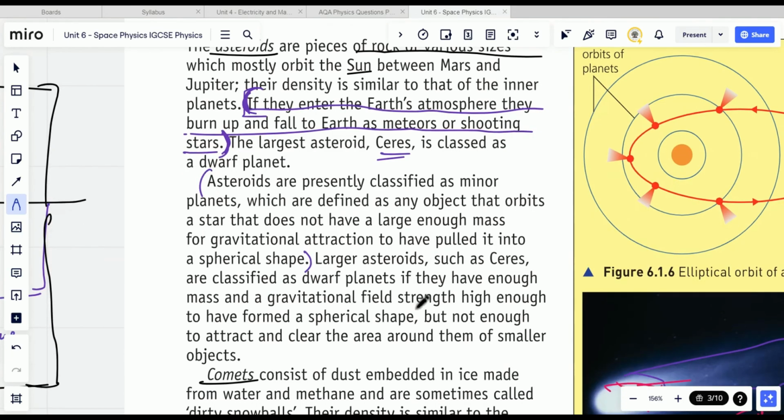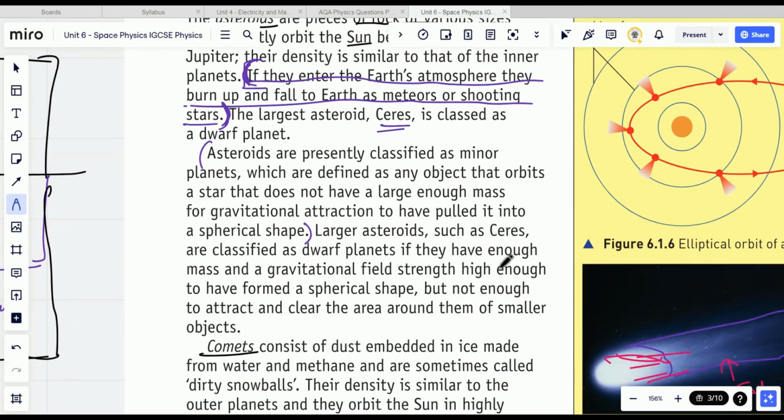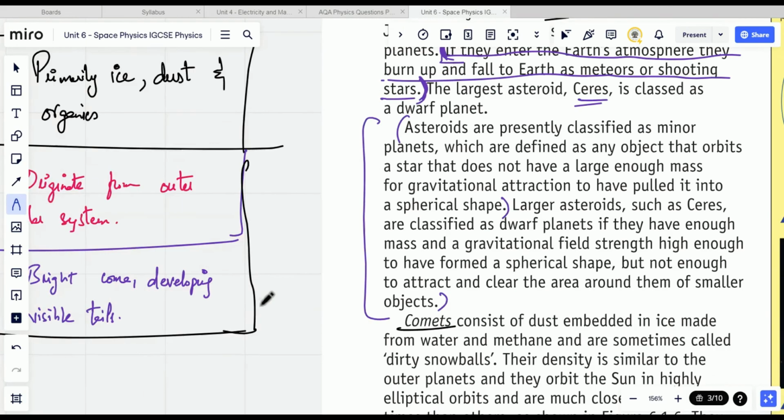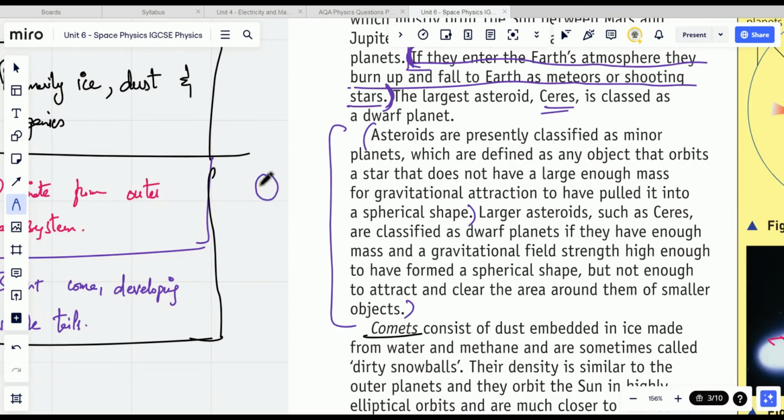Larger asteroids such as Ceres are classified as dwarf planets if they have enough mass and gravitational field strength high enough to have formed a spherical shape, but not enough to attract and clear the area around them of smaller objects. What are they trying to say over here? Basically, if an asteroid has a spherical shape, we consider it a dwarf planet, and if it has an irregular shape like this, we consider it a simple object or a minor planet. Got it?